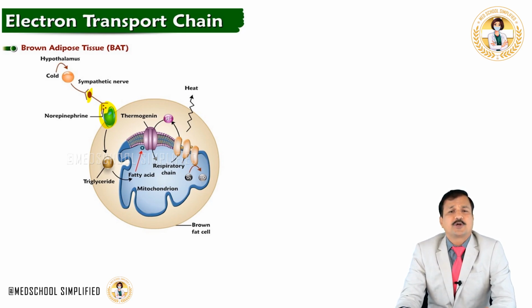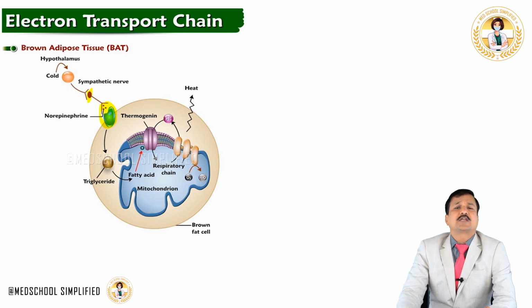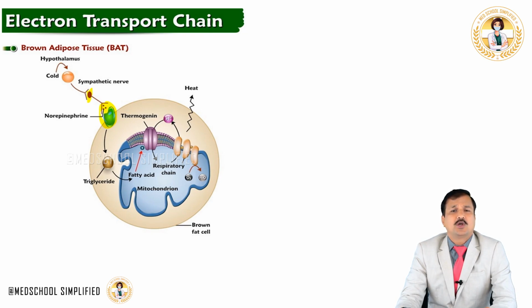So the heat that is produced here is trying to maintain the body temperature upon exposure to cold. So this is the response of our body upon exposure to cold, and this type of heat generation in response to beta 3 adrenergic receptors which are activated by cold is called non-shivering thermogenesis.